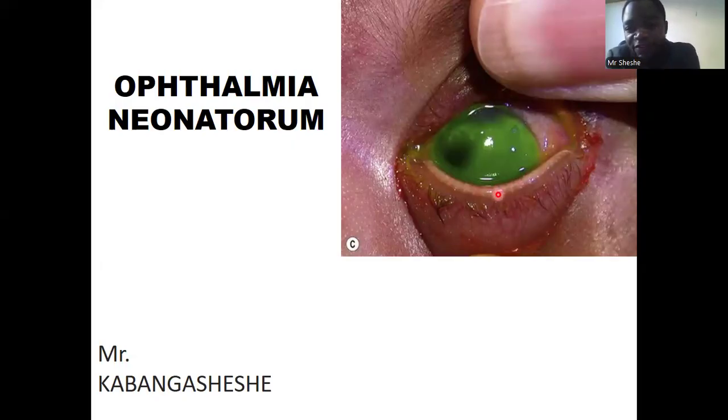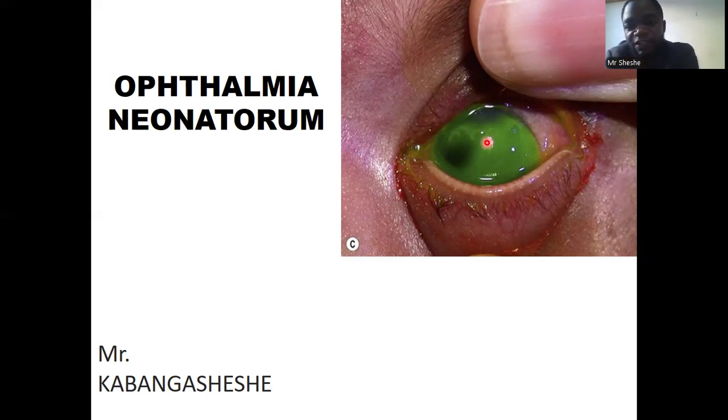The conjunctiva that covers the eye itself is called bulbar conjunctiva. Then there's conjunctiva that covers the inner surface of the eyelid. It's called palpebral conjunctiva. The eyelids are called palpebral. So in this case, the child will have both bulbar conjunctivitis as well as palpebral conjunctivitis.